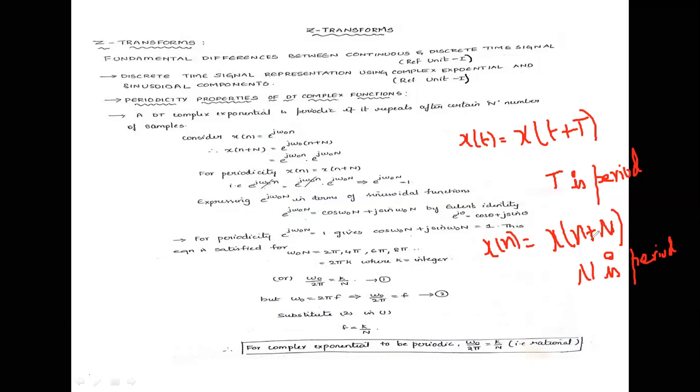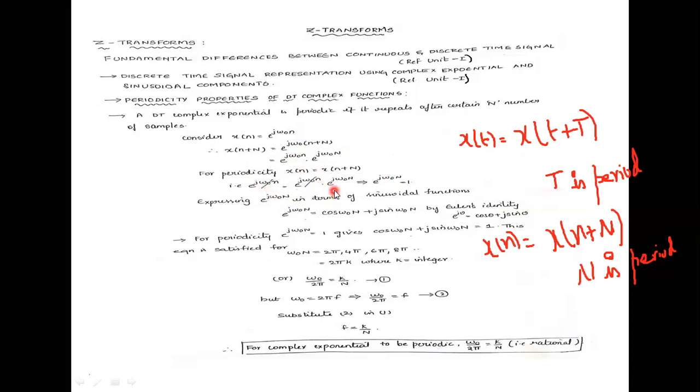Now I am changing n to n plus capital N. So x of n plus capital N is equal to e power j omega naught times n plus capital N. Now you can rewrite this exponential and split it into two parts: e power j omega naught small n, and e power j omega naught capital N. For periodicity, you have to satisfy the condition x of n is equal to x of n plus N.